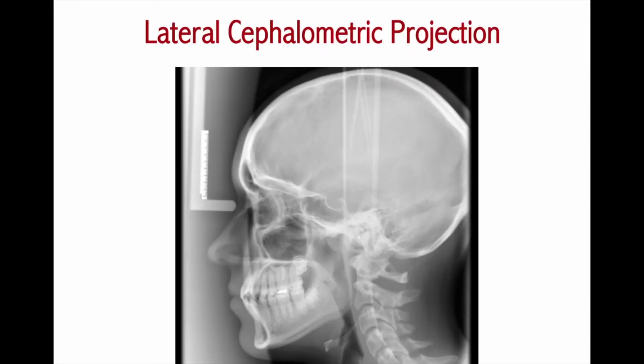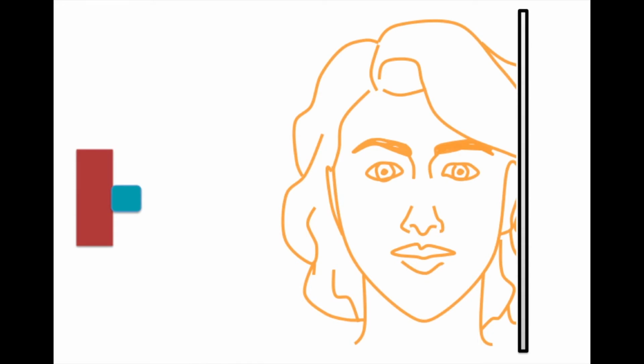Now, the first projection we're going to talk about is the lateral cephalometric projection. This is the lateral cephalometric projection where we can see the lateral profile in the radiograph. Okay, so this is the image receptor, this is the patient, this is the X-ray tube.